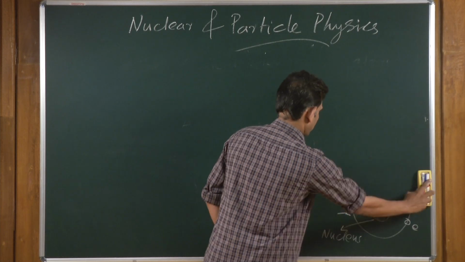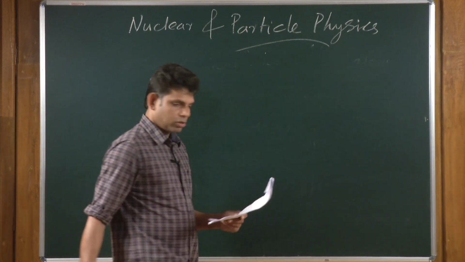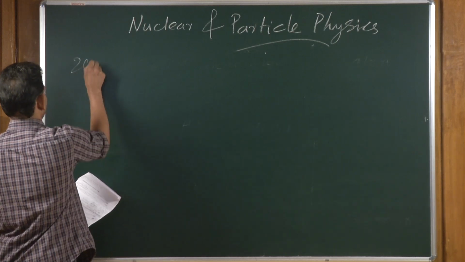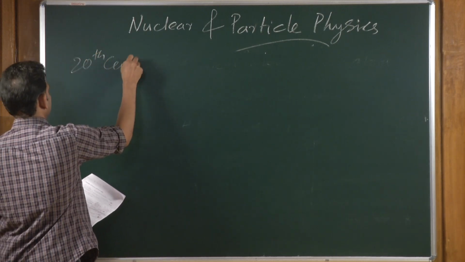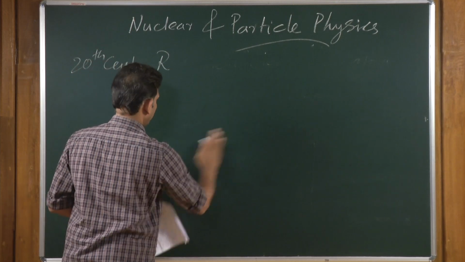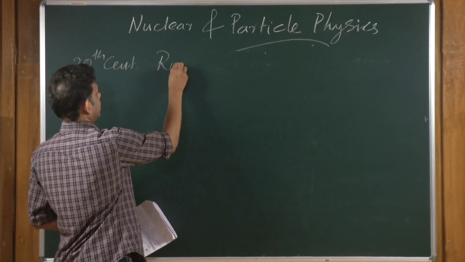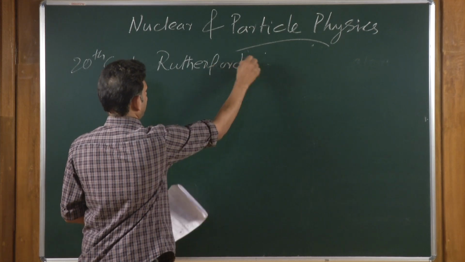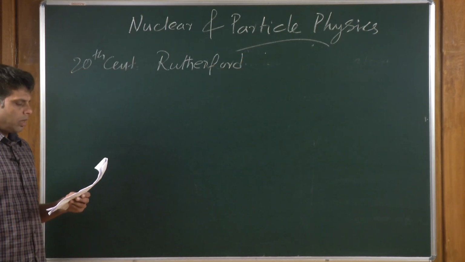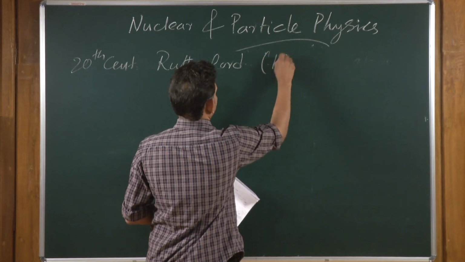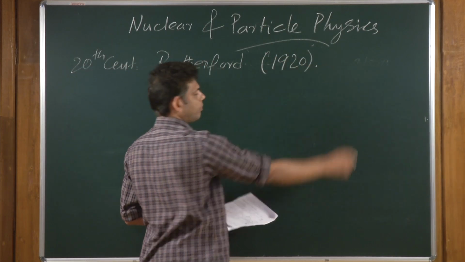Now, let us look closer and see what are the further developments there. So, we are talking about early 20th century where Rutherford and team, there had been many people, but mainly Rutherford. By 1920, he established something remarkable.